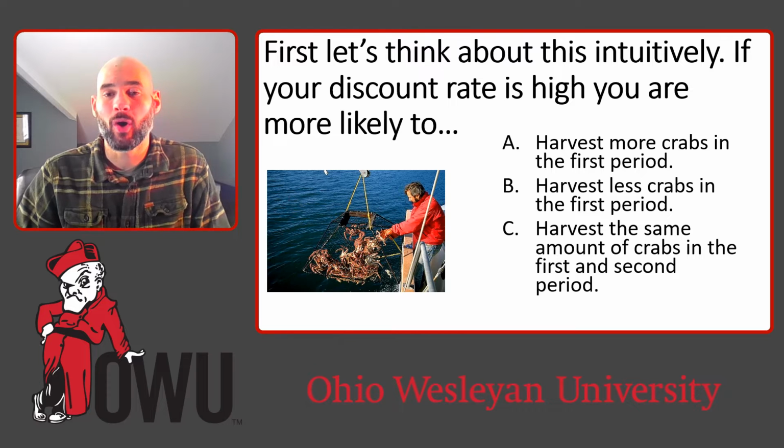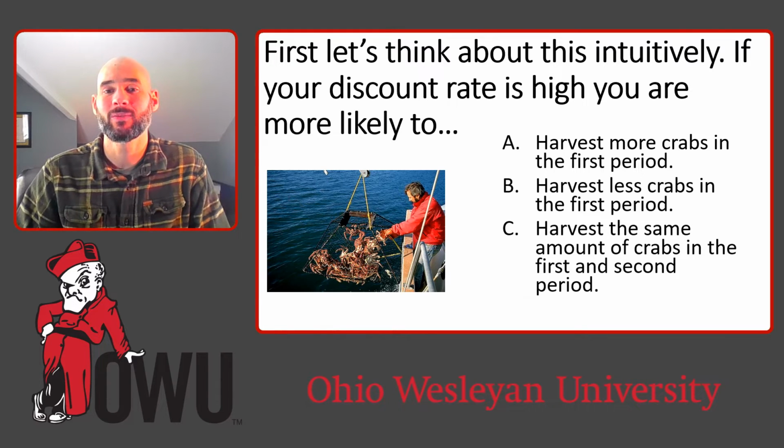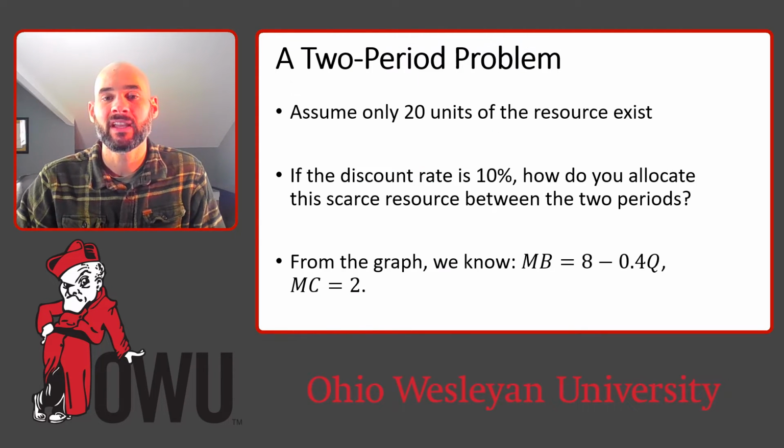Hopefully it's intuitive to you that since we place more value on costs and benefits incurred in the more immediate future, a high discount rate is going to imply that we're going to harvest more crabs in that first time period.